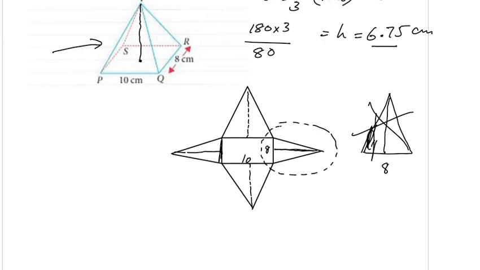And if I draw a line from this to the midpoint of QR, this will be the slant height of the face QRV. It is a right triangle now, and here we have half of 10, which is equal to 5 centimeters, and this height, which is equal to 6.75. The slant height of this face can be found by using Pythagoras theorem.